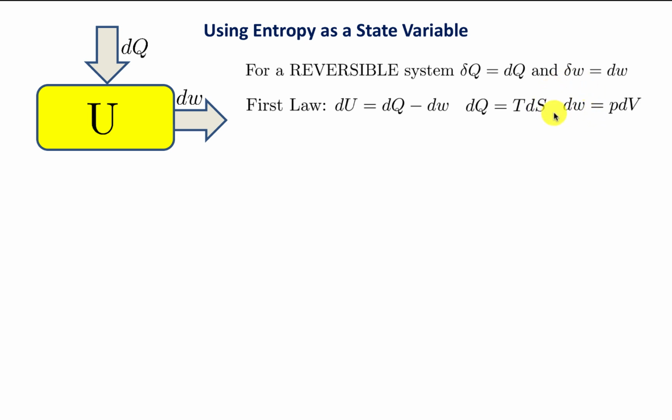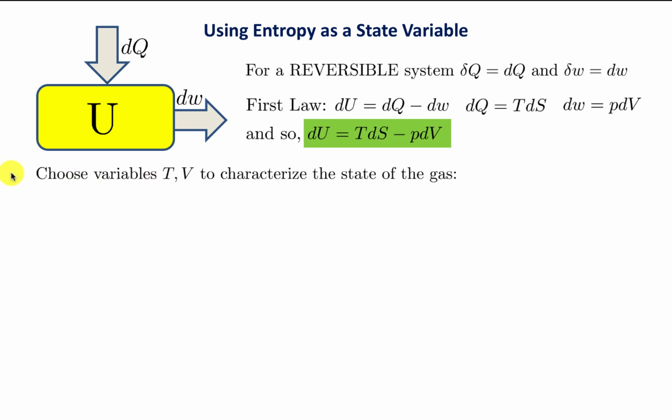And of course, the small amount of work which is done is the force times the distance, which can be written as the pressure multiplied by the small change in volume. This leads to the important result that dU is T dS minus P dV.